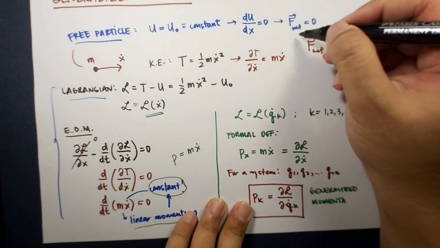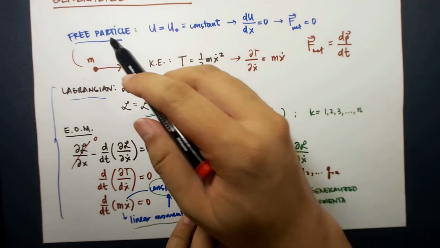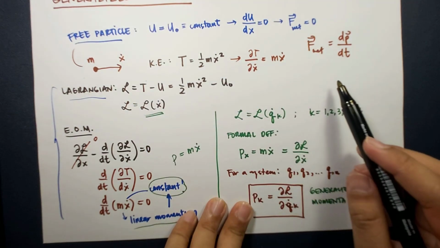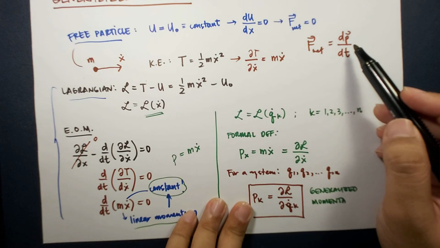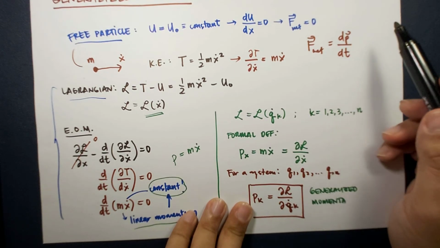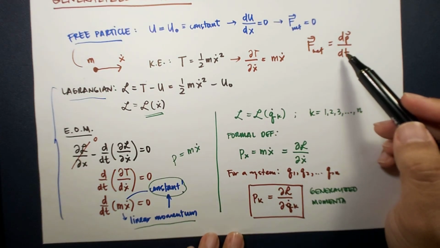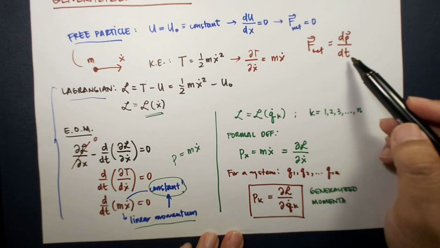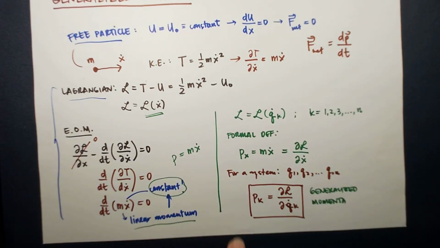Now, if the net force acting on the particle is zero, that means the time derivative of your momentum is zero, which tells us that momentum is conserved. Specifically in this case, the linear momentum is conserved. So Newton's law is very much consistent with our Euler-Lagrange equation, or your Lagrangian dynamics.